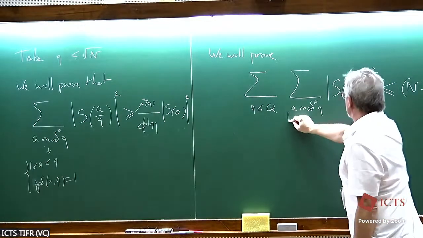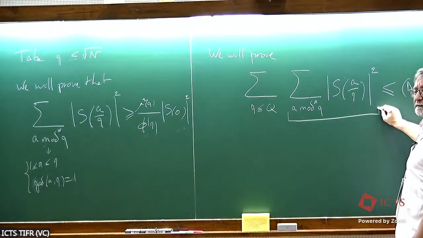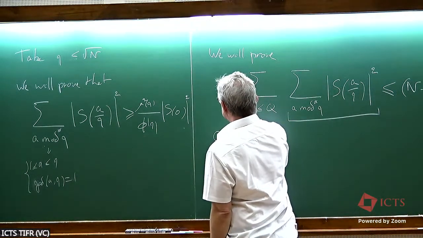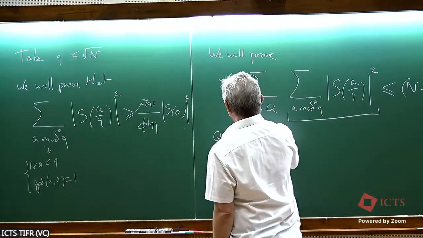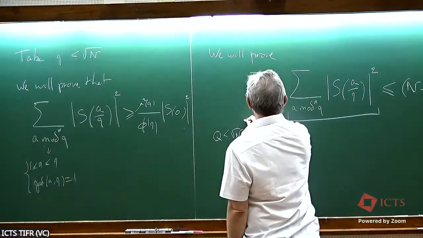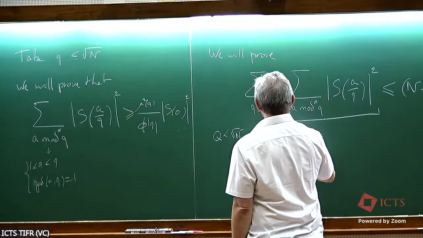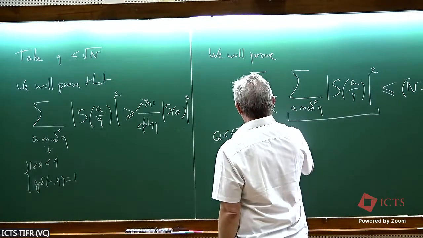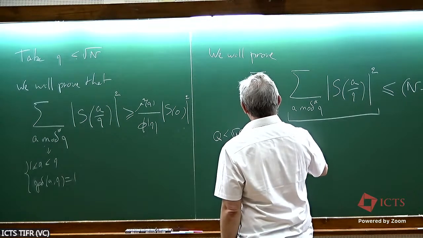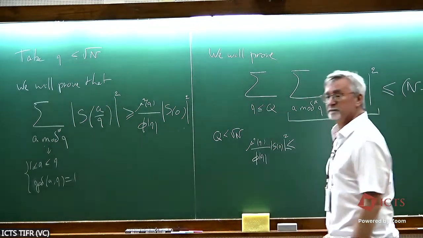Now you have a lower bound for this, which is given here. So assume that capital Q is less than square root of n, so that this lower bound applies. So this one is larger than mu squared of q upon phi of q times S of 0 squared.